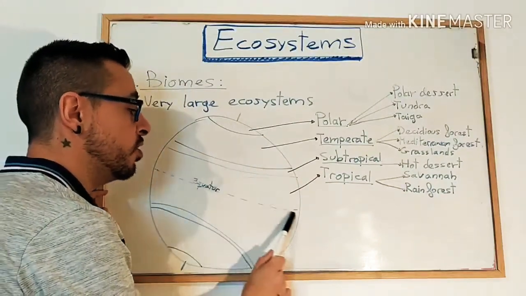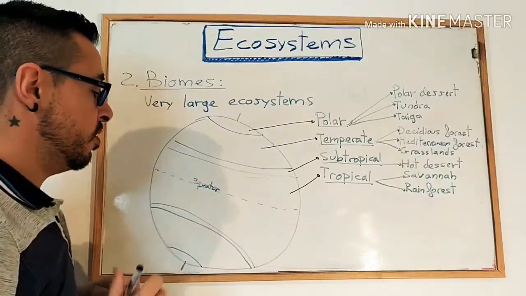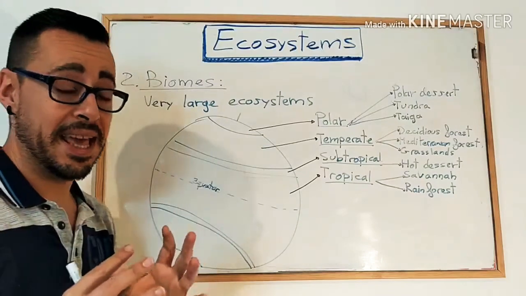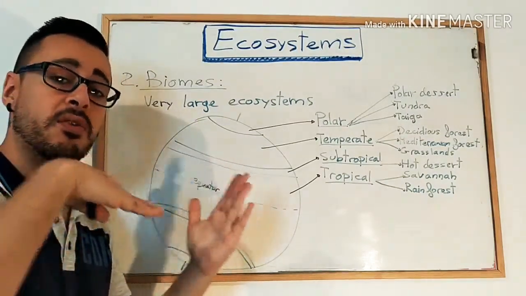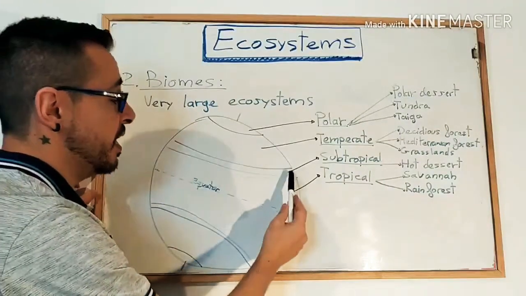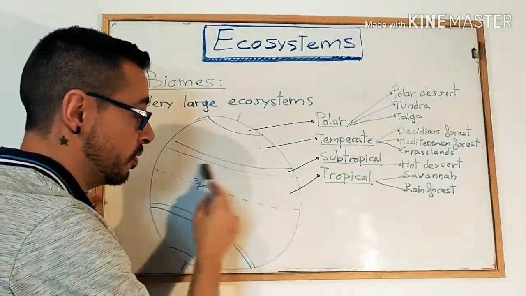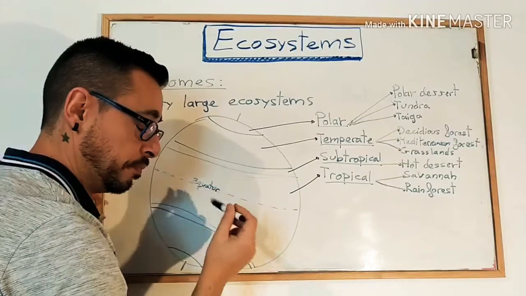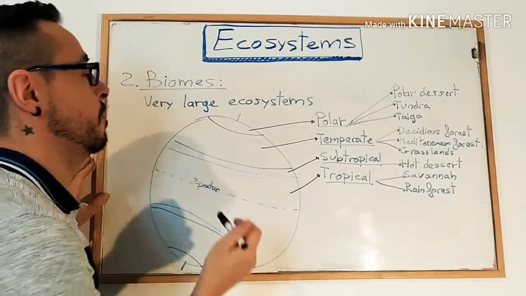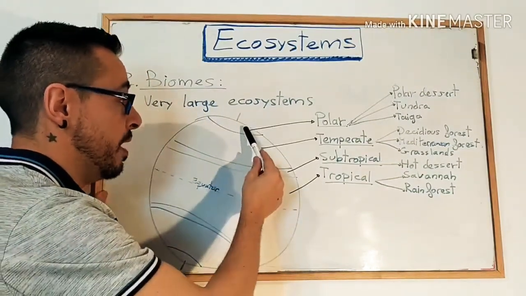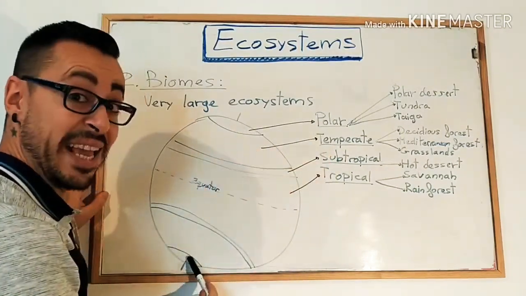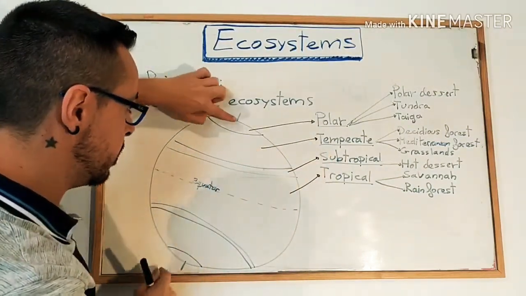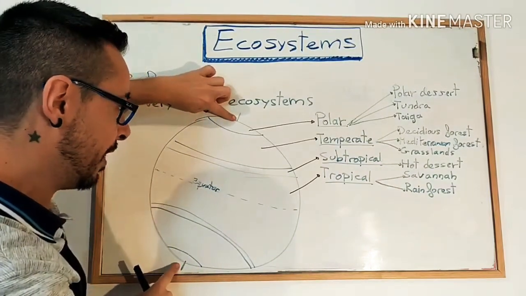Here we have the equator, and at the equator is where the sun rays come perpendicular, and it is the hottest part of the earth.